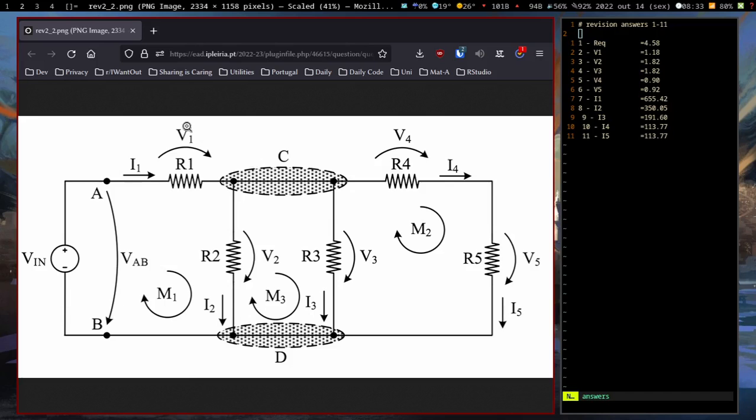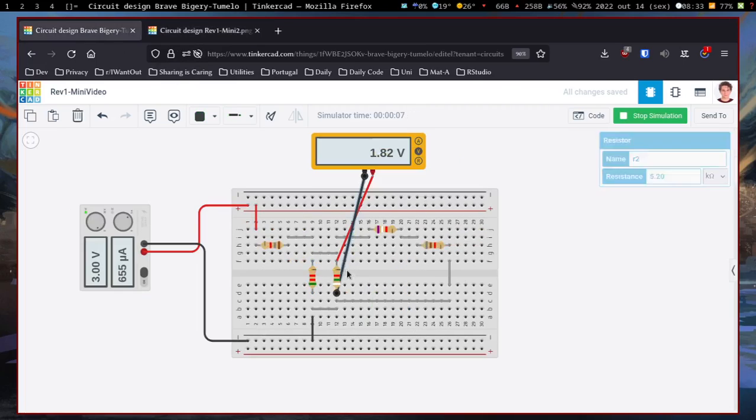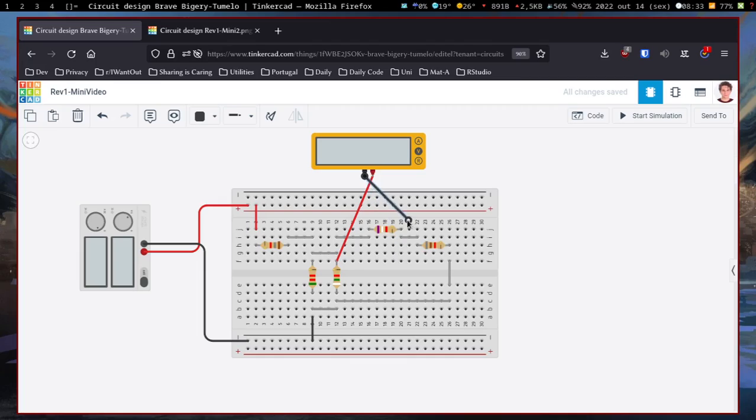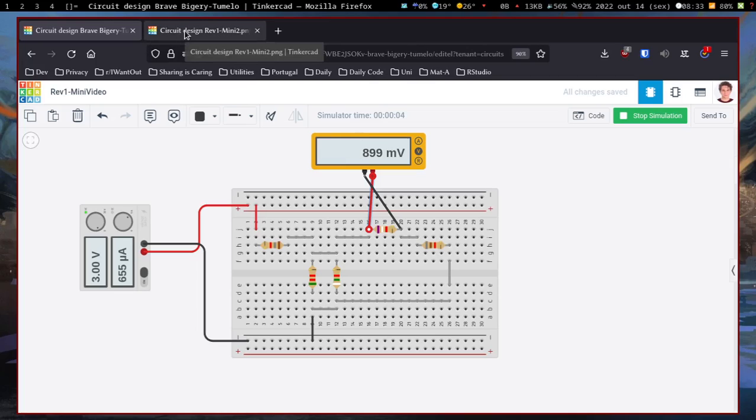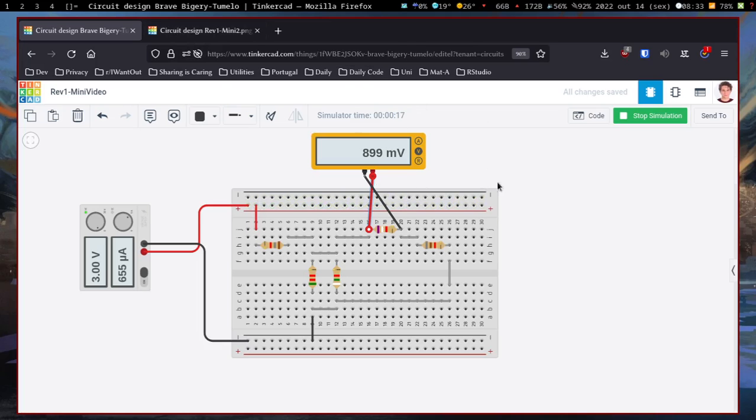Next one, R4. Oh, sorry. Next one, R4. Same thing. Just need to put it in parallel. Oh, I was scared for a moment.